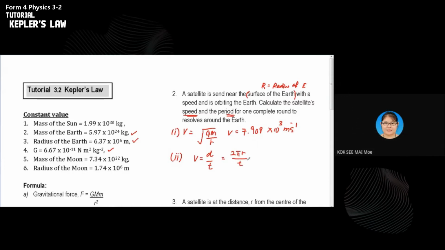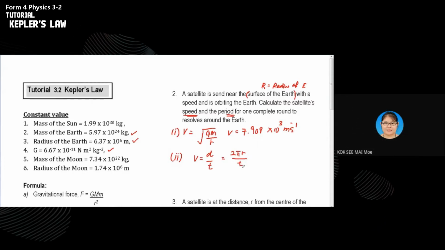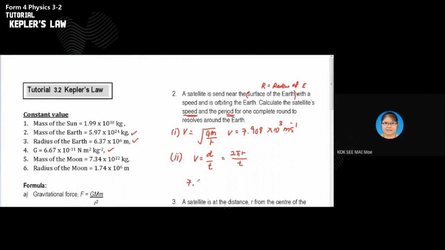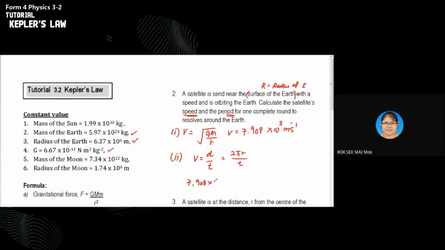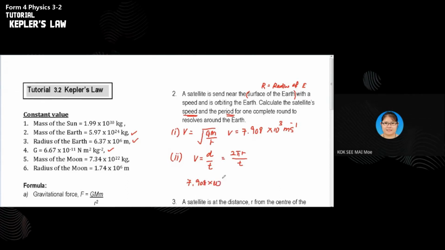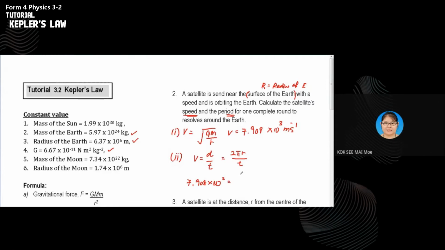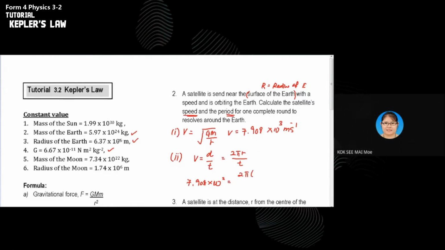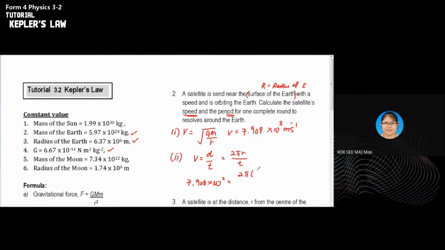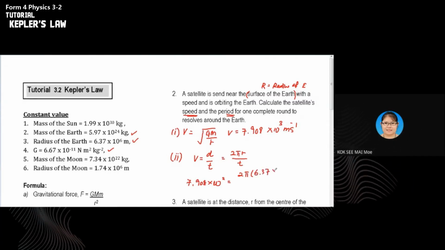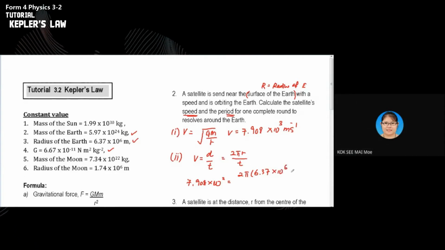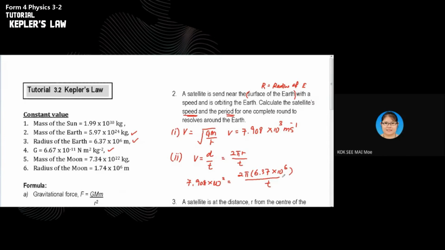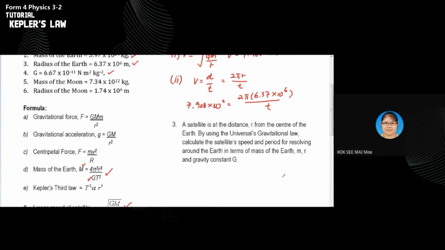From here, we need to find what is T. So you take the velocity, 7.908 times 10 to the power of 3, equals 2 pi r. Put your r in, the r from here, 6.37 times 10 to the power of 6, over T. Then finally, you move the T to the other side to find the answer for T.